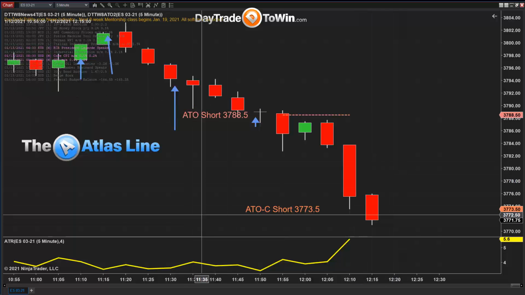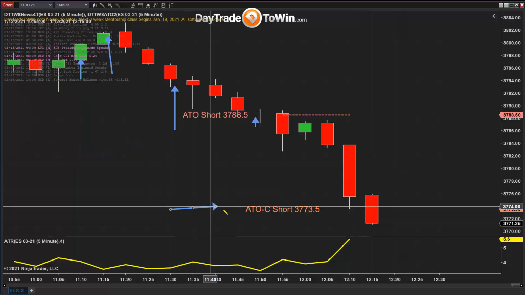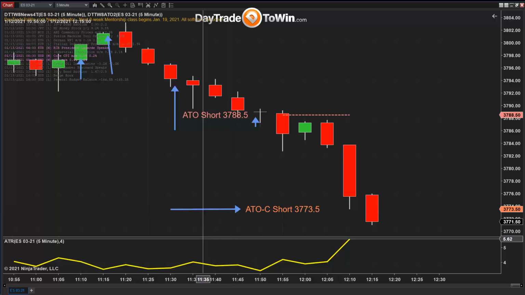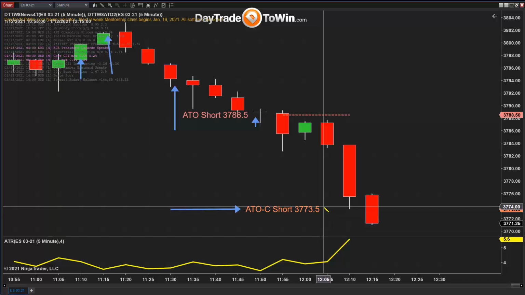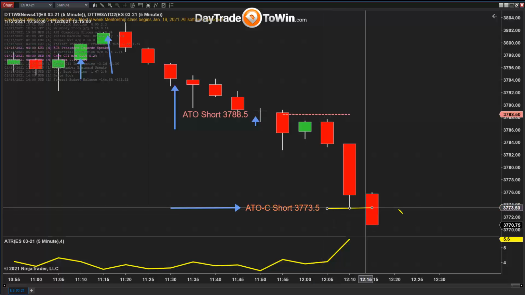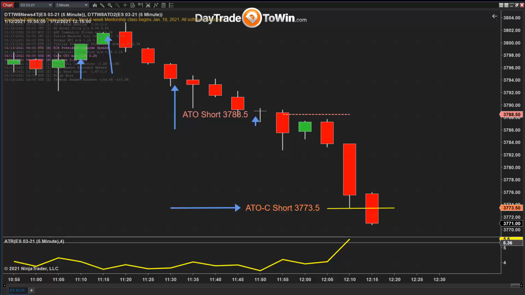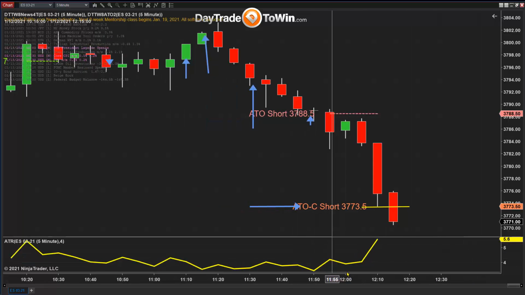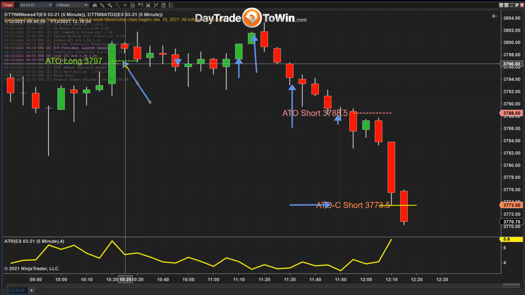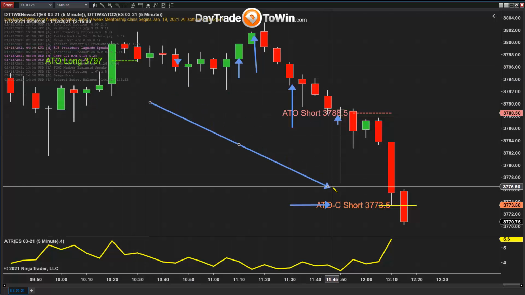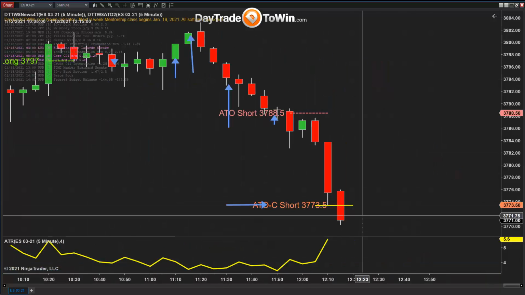So I mentioned to you a little while ago that the at the open method is going to indicate another short signal. So here it is, 37.3350. So this is very specific to go short. This is the at the open method. So we have the long that occurred earlier as soon as the market opened, about an hour after, and now we have a short.